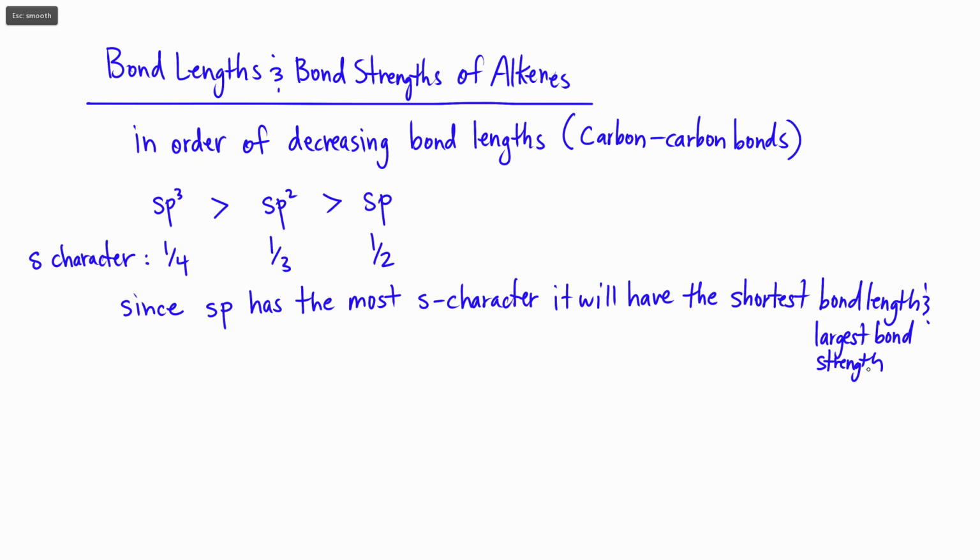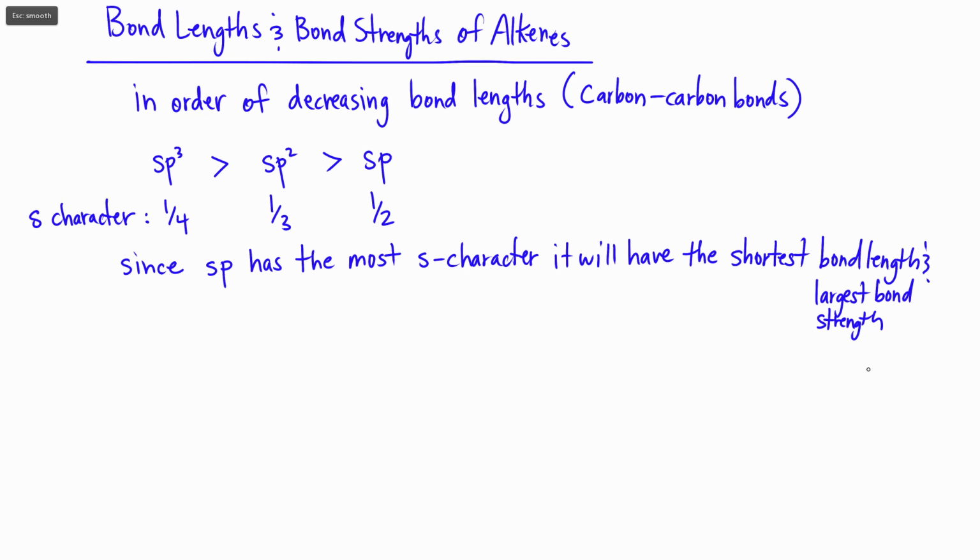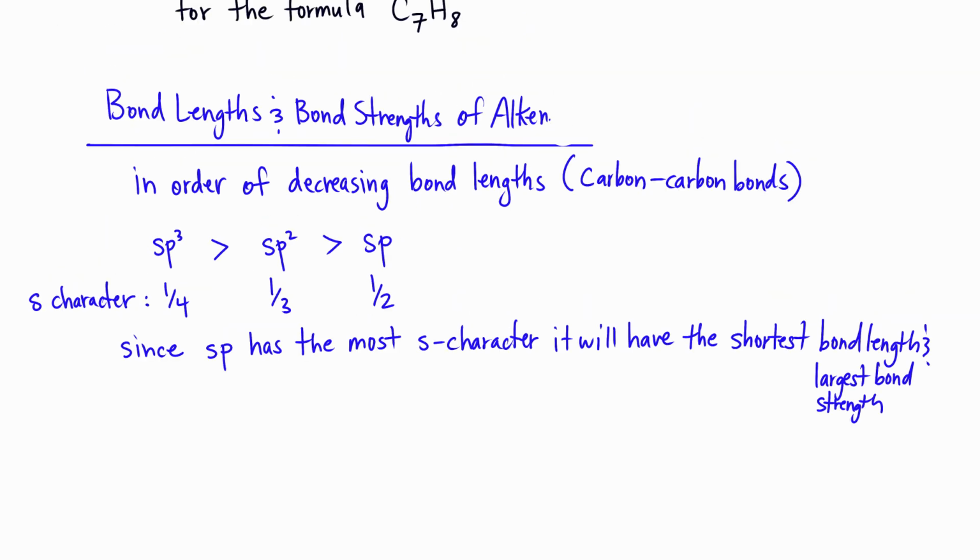Okay? Now, these are all properties of, this should be alkynes, excuse me. Of alkynes, not alkenes, alkynes. So this is C triple bond C. Okay?